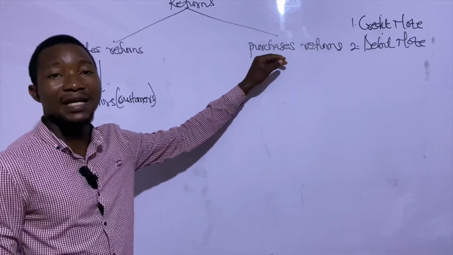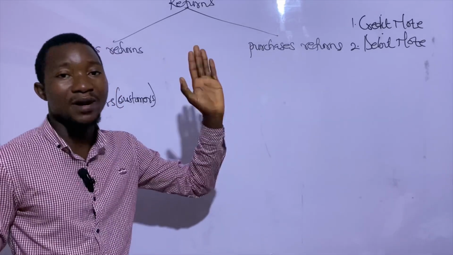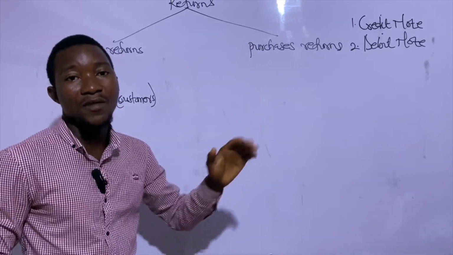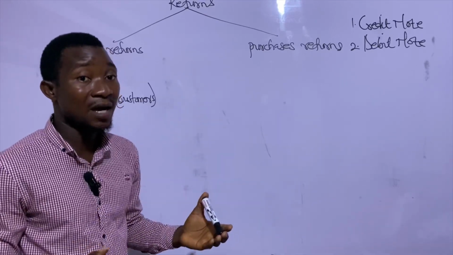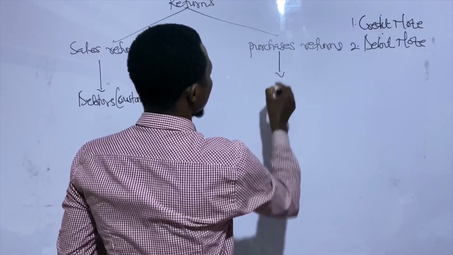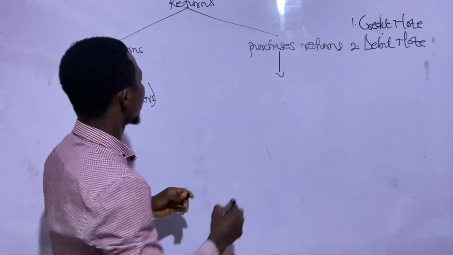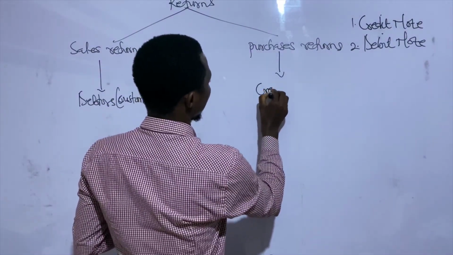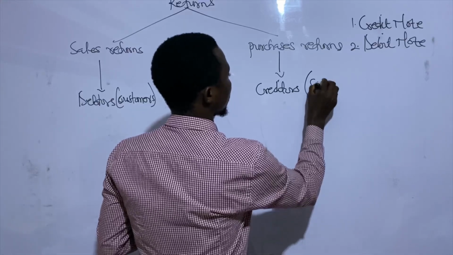So purchases return occurs when businesses return goods to their suppliers or creditors as a result of the goods being damaged or faulty or did not meet their request. Because they return the goods to their suppliers or creditors, it is in relation to creditors. So I will say creditors or suppliers.